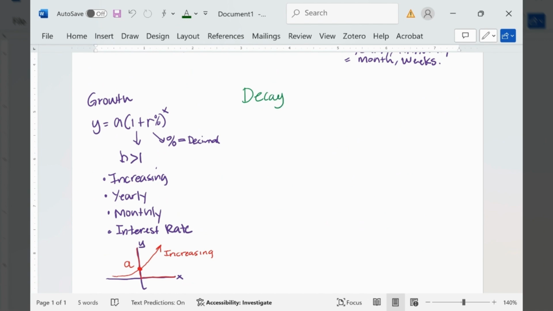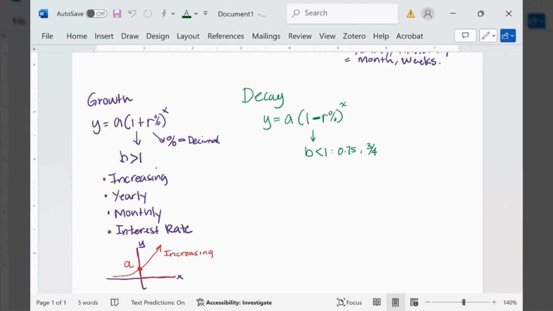Decay, the formula is y equals a times 1 minus, again, minus the rate raised to x. So as I mentioned earlier, if we're subtracting a rate from 1, the value will be less than 1. So what does it mean? It can be a fraction or a decimal, let's say 0.75, or 3 quarters, as long as it's less than 1.